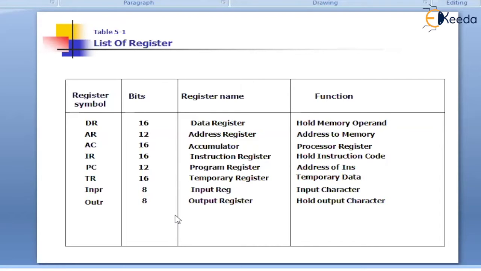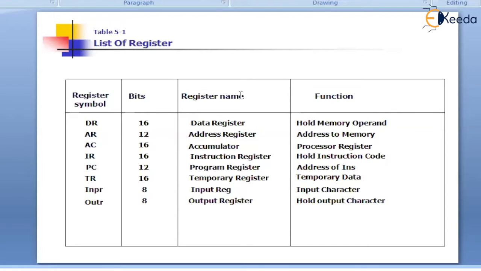If you observe, each and every register serves a specific purpose. Each register is designed in such a way to store certain data. For example, the address register is going to hold addresses. The program counter is only going to hold the address of the next instruction.